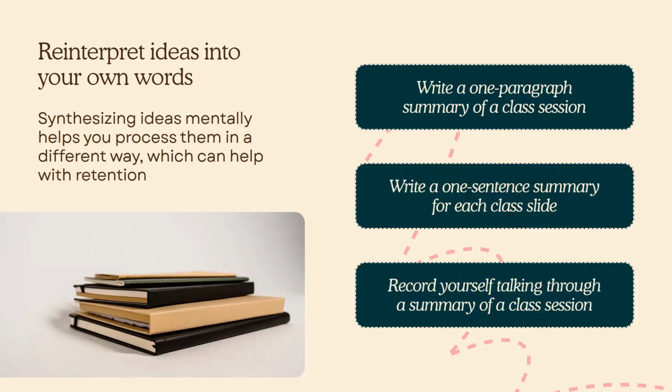Similarly, you can write a one-sentence summary for each class slide. This might be an easier approach for classes that have a lot of technical jargon and you have 10 definitions for organs as part of a system in anatomy crammed onto one slide.